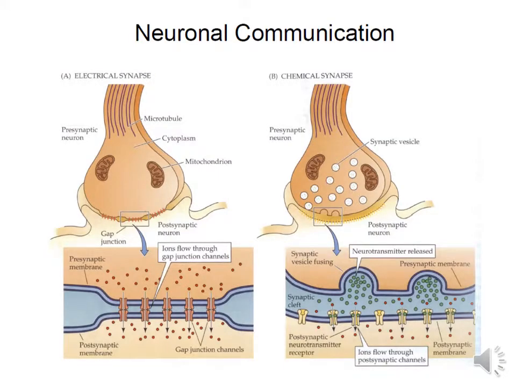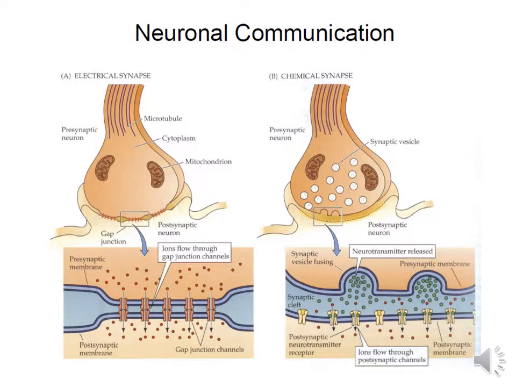So, as many of you know already, neurons communicate with each other via synapses. And there are two main types of synapses: electrical synapses and chemical synapses. Electrical synapses contain a large number of gap junction channels that communicate the pre- and postsynaptic cell.